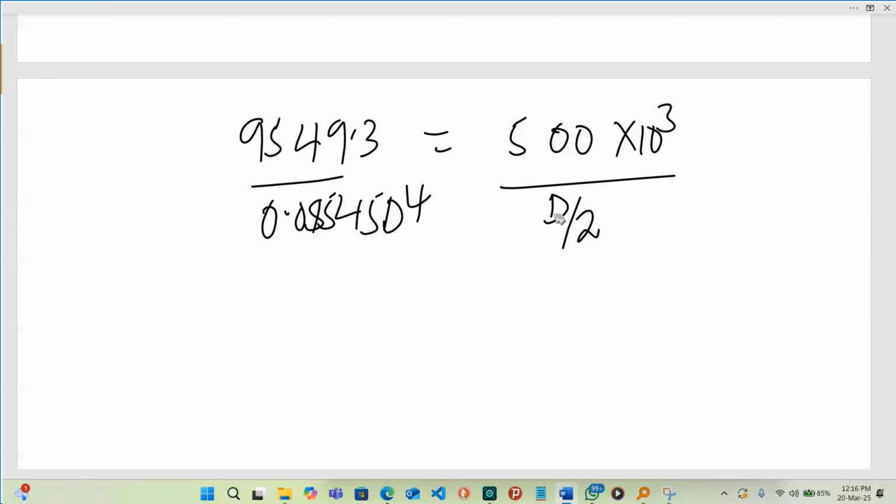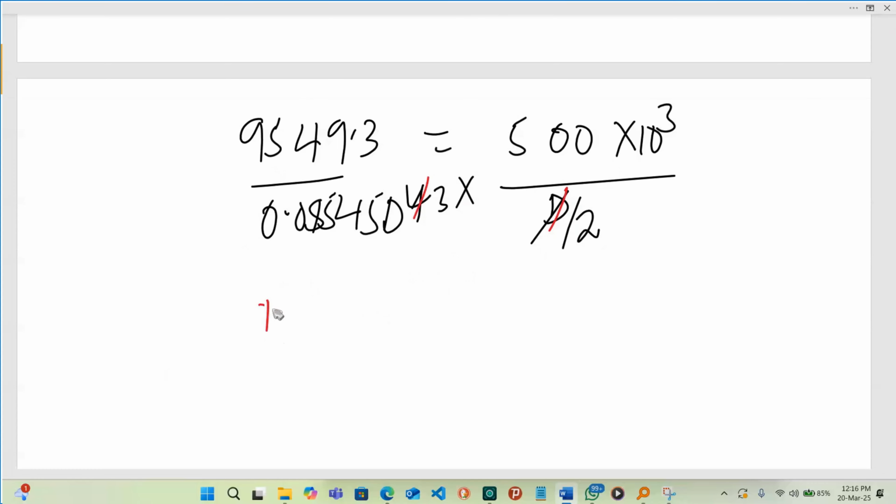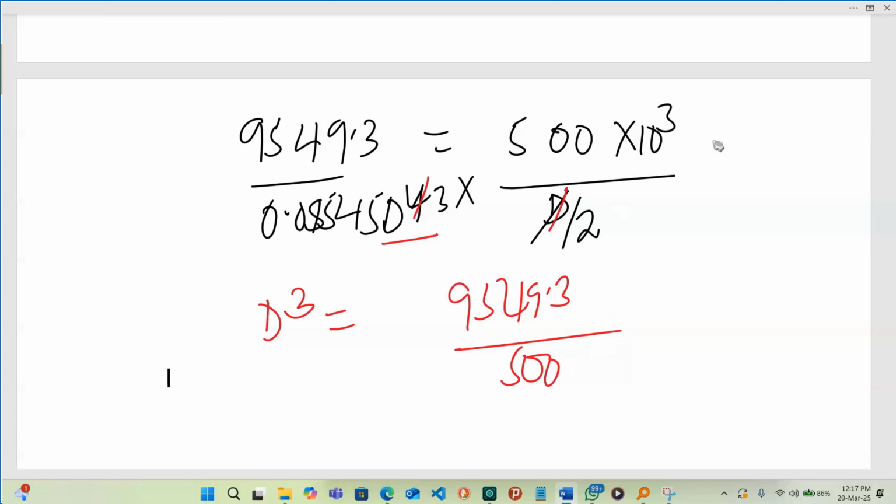So that means this and this will go, but we create a tube here. So if I cross multiply, I will have D to the power 3, which now will be, this D will come here, and then we'll have 9549.3 divided by 500, but times 2. This 2 will move up, so this and that will go.